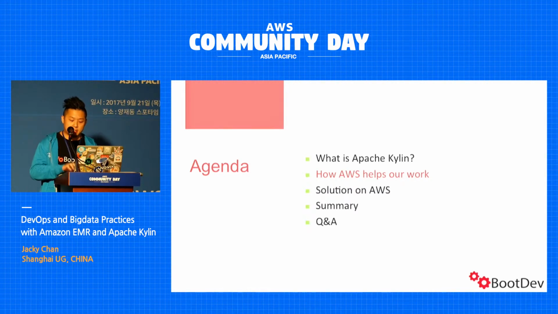AWS is a good tool for us to do the whole work, including CloudFormation, because using different tools inside AWS helps us replicate the whole deployment process again and again.